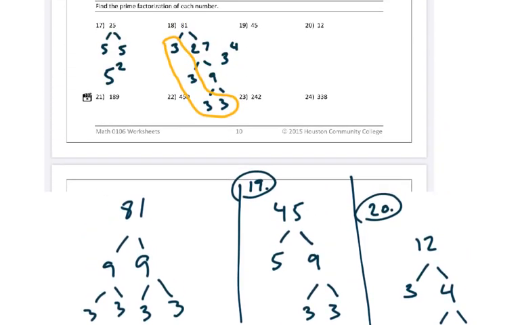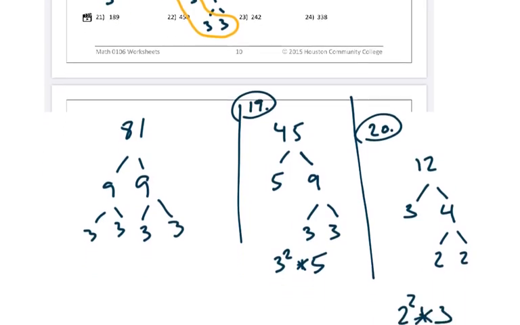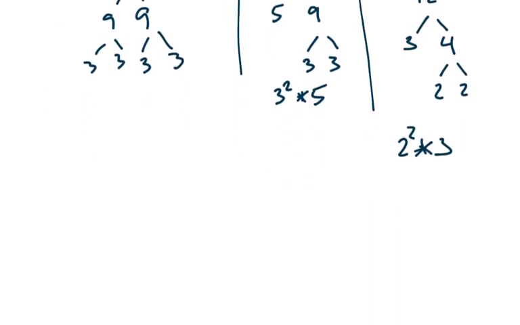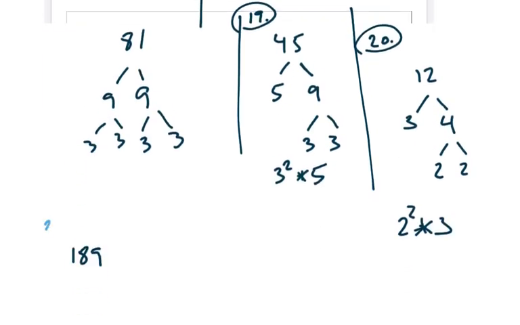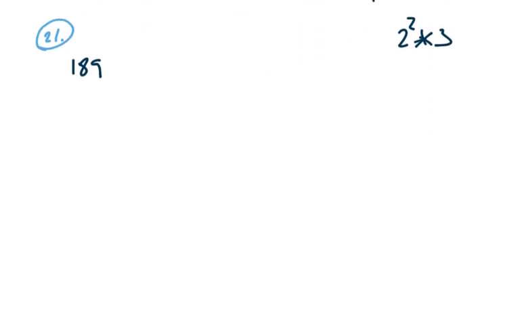Number 21, this is where we start to get into some difficult territory. It is 189. Now, 189 is tricky because it's not very clear what goes into it, but we can use divisibility rules.